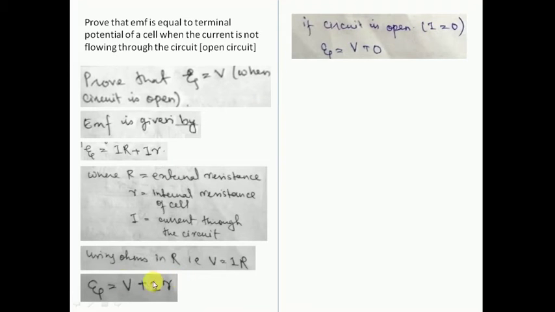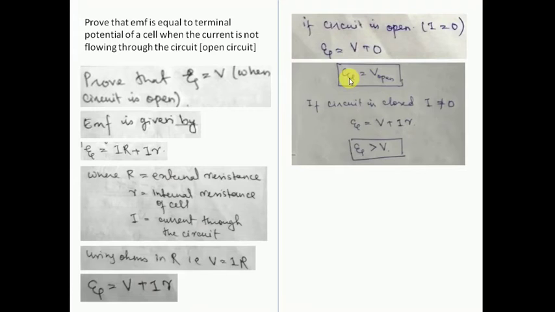If you put I equal to 0, your EMF will be equal to the potential. So I can write EMF is equal to potential difference when there is no current. But when I is not 0, you have to add something to this potential, that means this plus something is equal to EMF. So EMF is always greater than this.